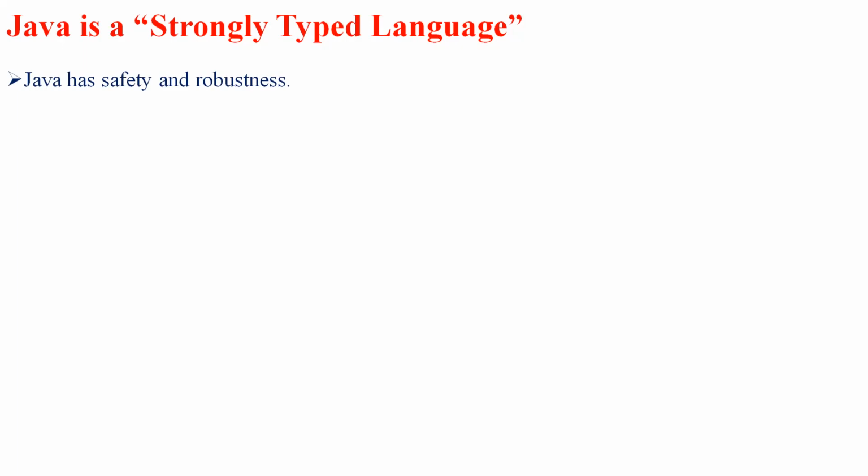We know that robustness is nothing but the capacity of a system to handle the different errors of a particular program.